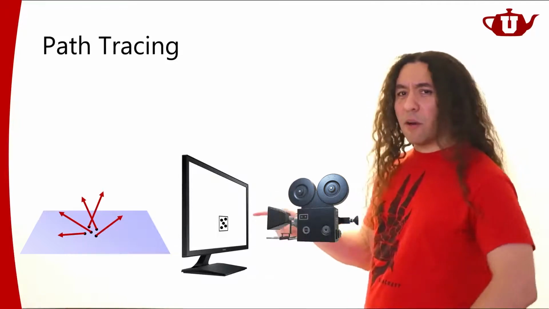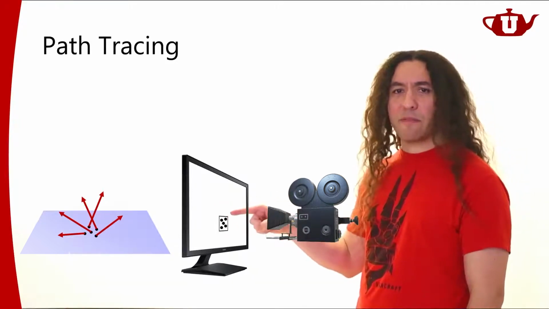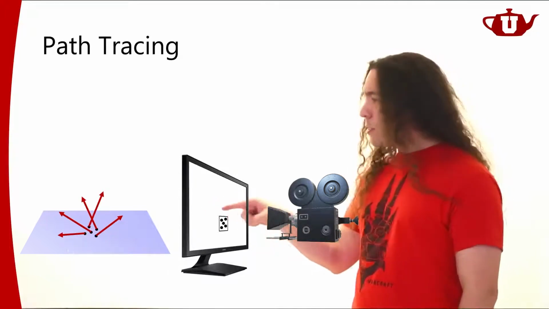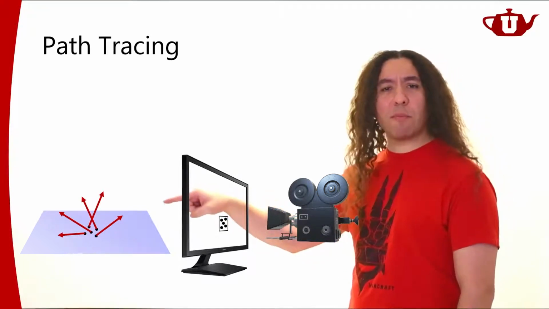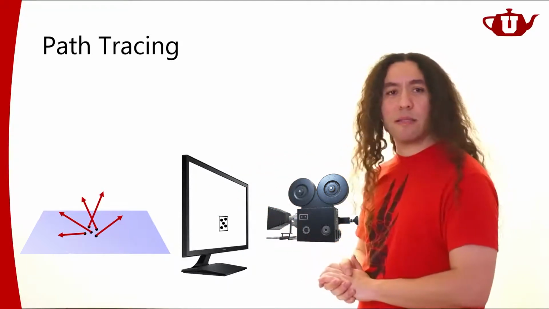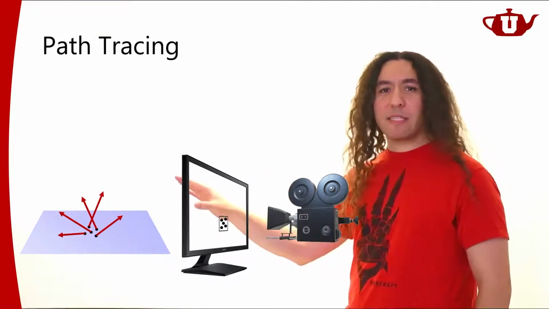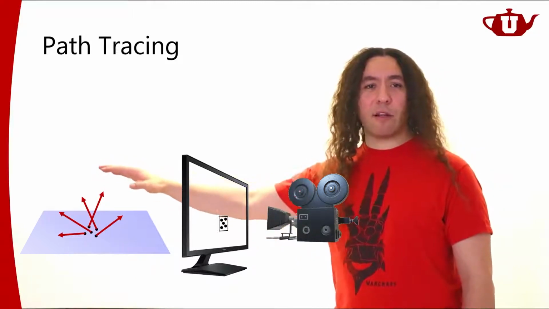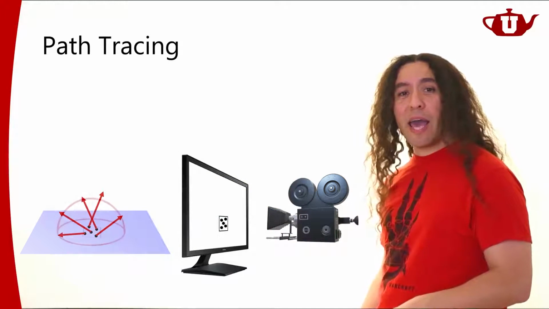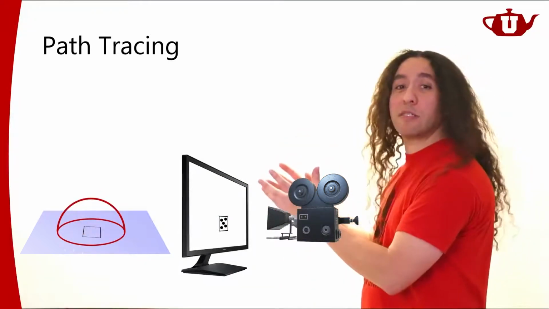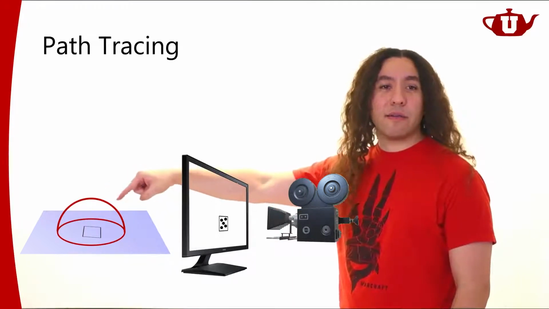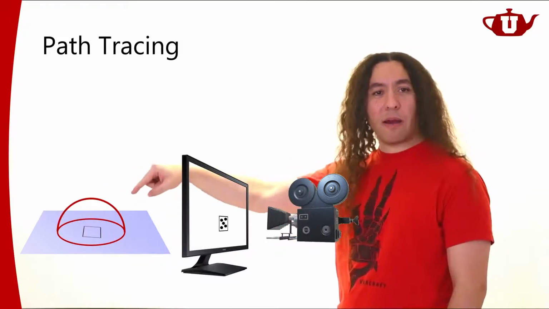So even though these are all different samples starting from different points on this pixel, they go to sort of similar areas in my scene. So if you look at collectively all of these randomly generated rays, it's as if I am sampling a bunch of directions over a hemisphere for an area. Not for a single point, but for an area.